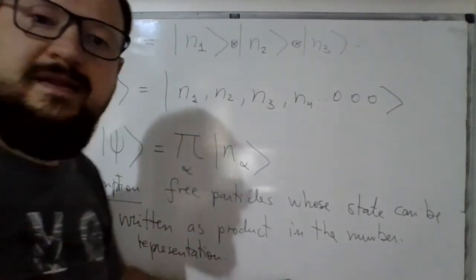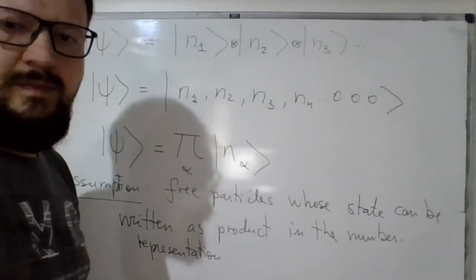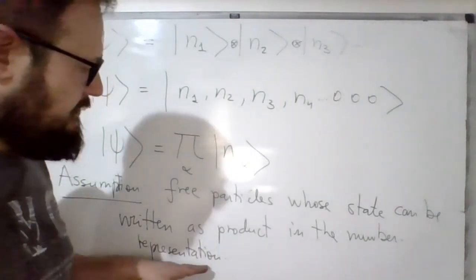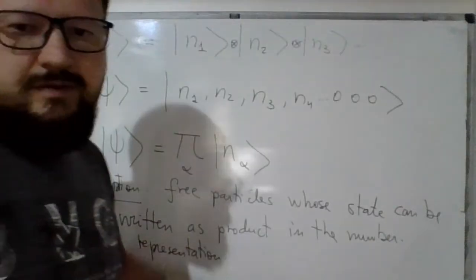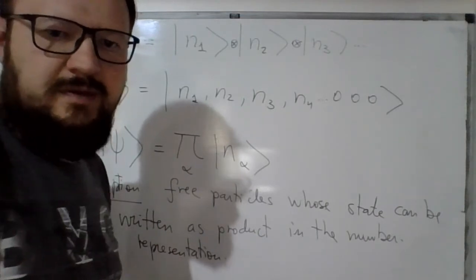It completely neglects correlations in this approximation here. Right?